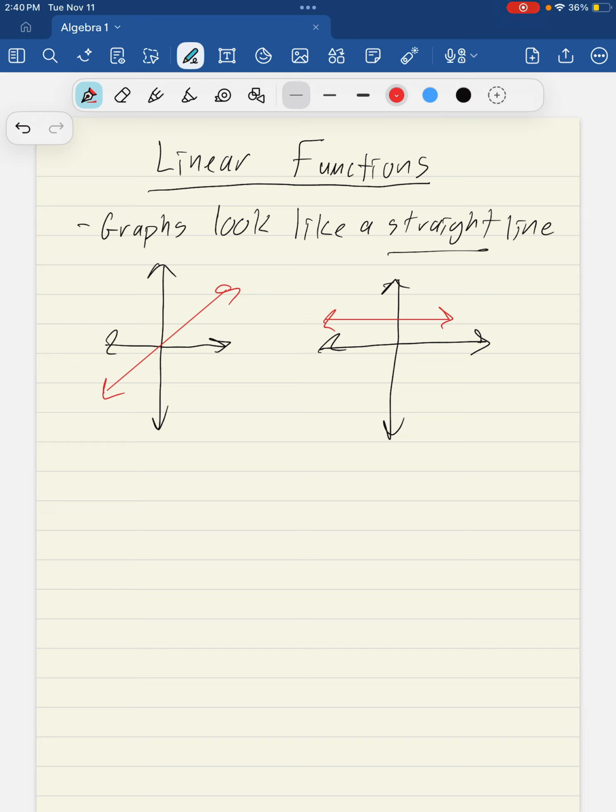Now, you're going to see two other types of problems, most likely. And one thing we need to recognize is that linear functions have a constant rate of change.